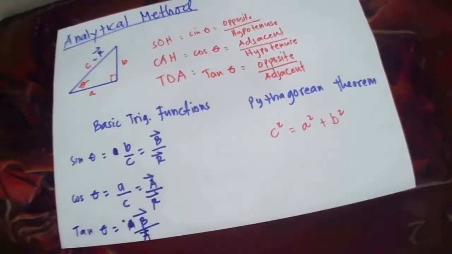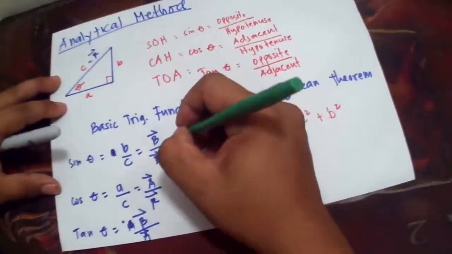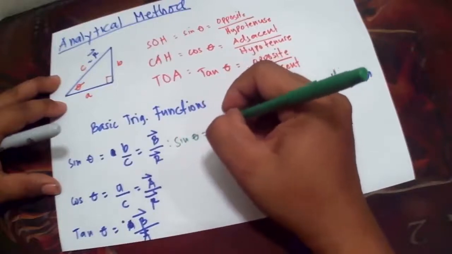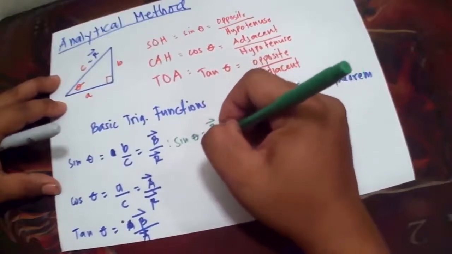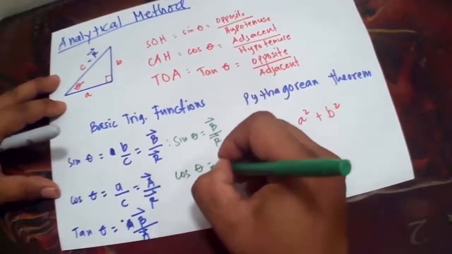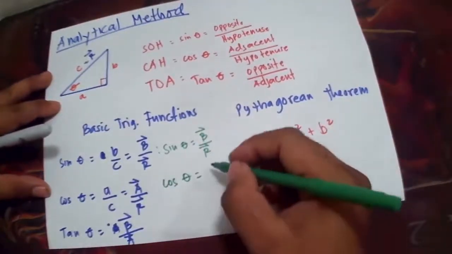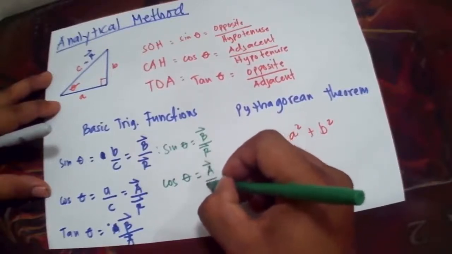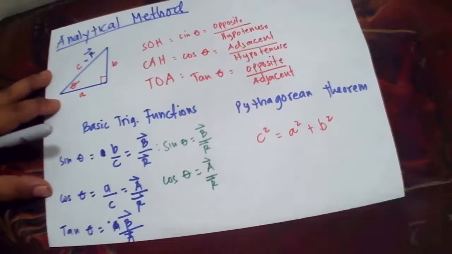If we rewrite these as vector formulas, sine theta is equal to vector B over the resultant vector, and cosine theta is equal to vector A over the resultant vector.